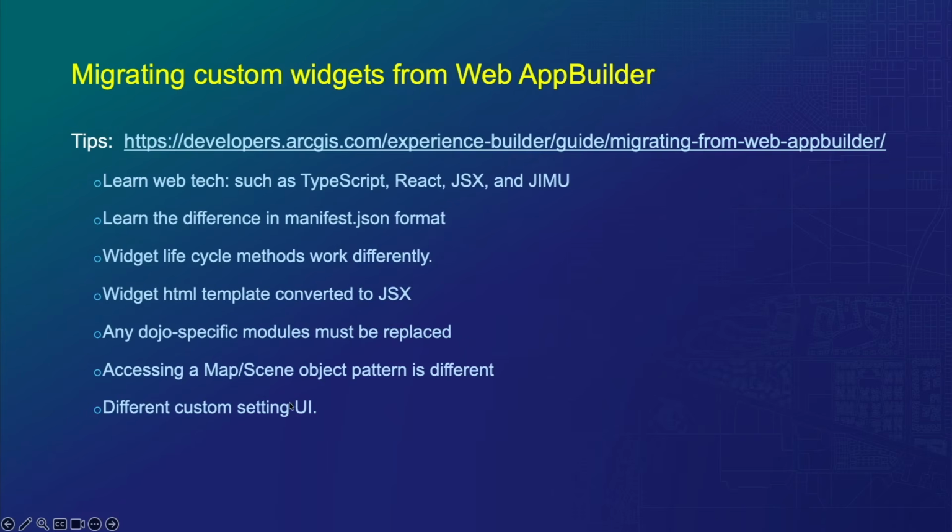And there are some differences in the custom setting panel UI development pattern. So overall, we would recommend you find more information about custom widget development in Experience Builder from our developer documentation if you decide to migrate custom widgets from Web App Builder.